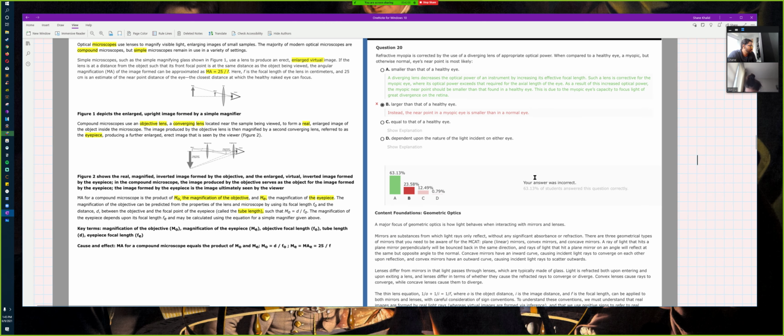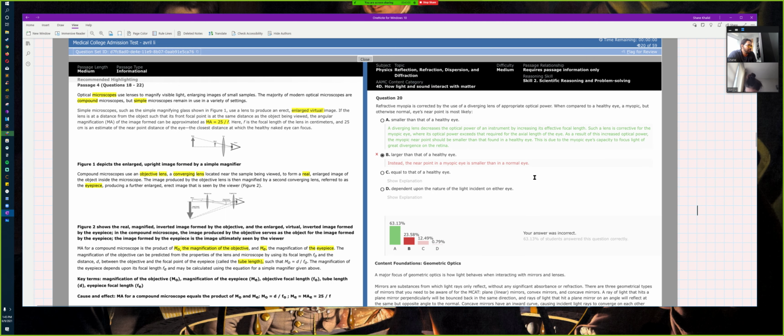So this question, what confused me was I couldn't figure out. It could be what I just said, where myopic, but they're just saying normal person or something. I guess I was trying to find out what the eye's near point meant.